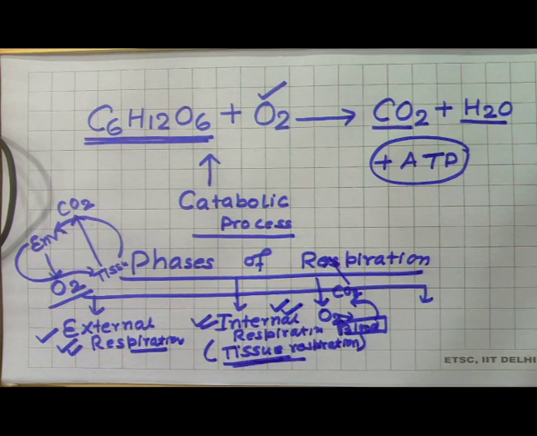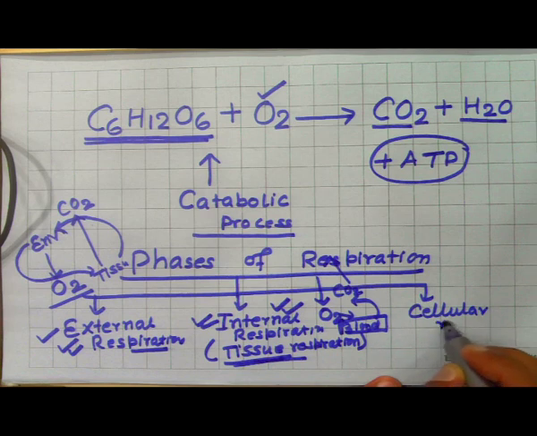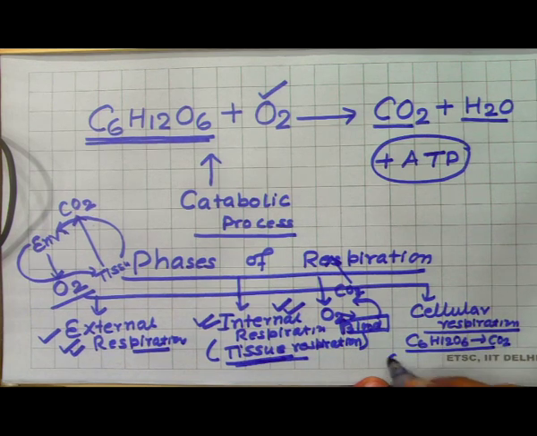The other type of respiration, which is very important in this chapter, is called cellular respiration. In this respiration the glucose molecules are broken down to carbon dioxide with the help of enzymes.